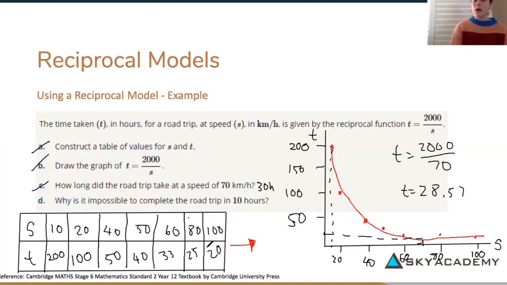And I'm pretty sure it's illegal maybe to even drive 200 kilometers per hour on Australian roads. So that's the practical application to it. Why is it impossible to complete the road trip in 10 hours? Because you'd be going over the speed limit and that's illegal. So that's how you draw a reciprocal model and answer accordingly.